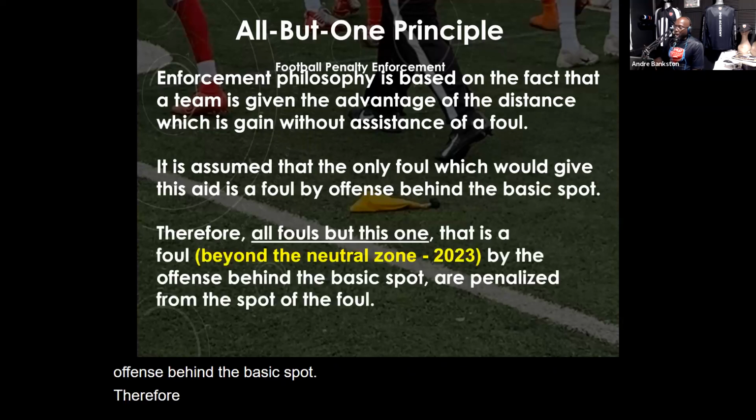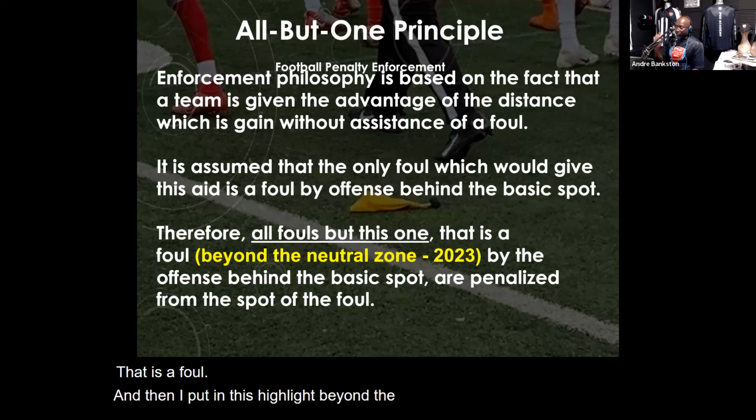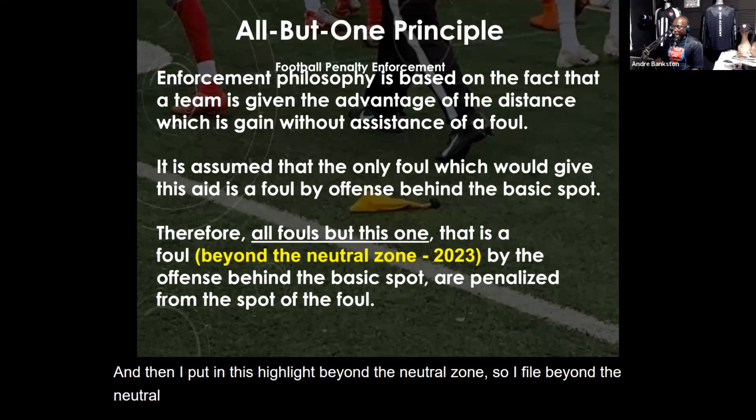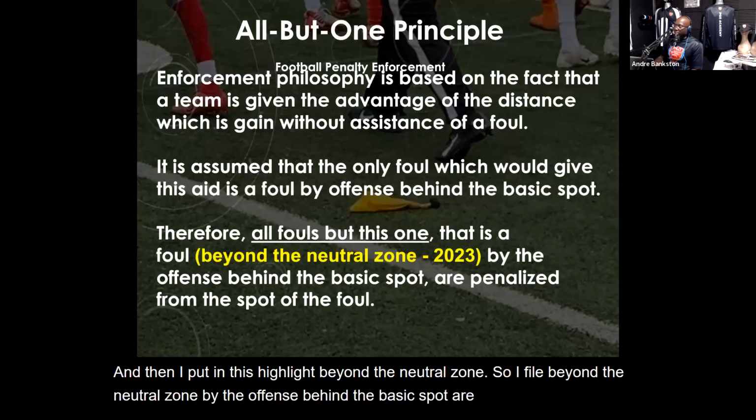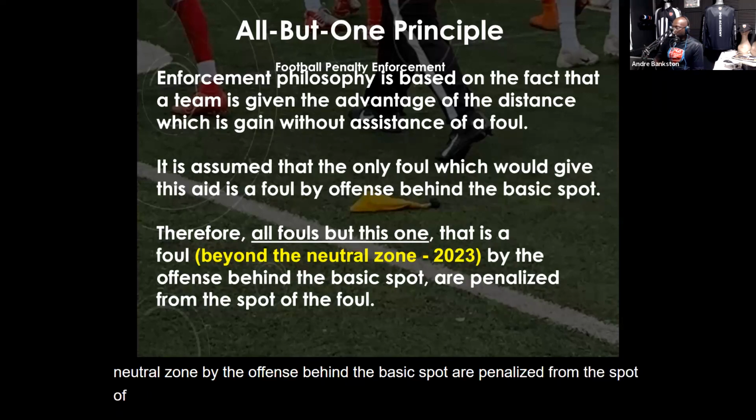Therefore, all fouls but this one, that is a foul, and then I put in this highlight beyond the neutral zone. So a foul beyond the neutral zone by the offense behind the basic spot are penalized from the spot of the foul. Let's look at the diagram.